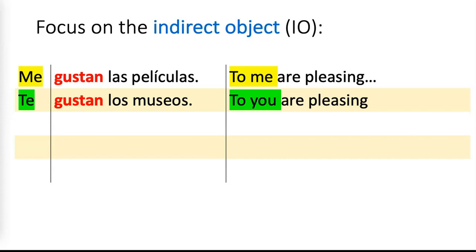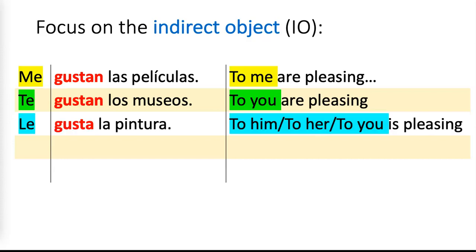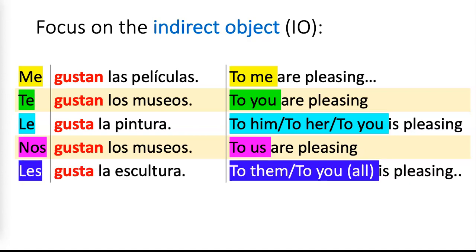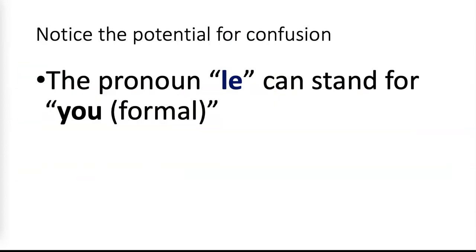Te gustan is to you are pleasing. Le gusta, to him, to her, to you is pleasing. Nos gustan, to us are pleasing. Les gusta, to them or to you all is pleasing.